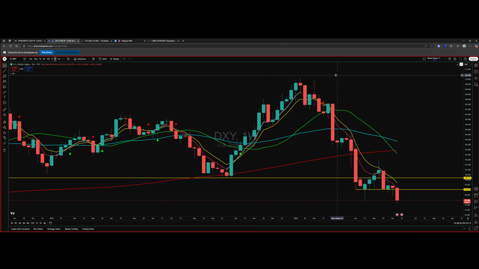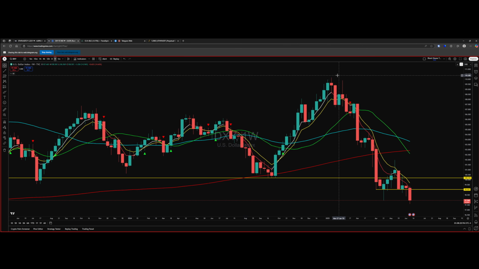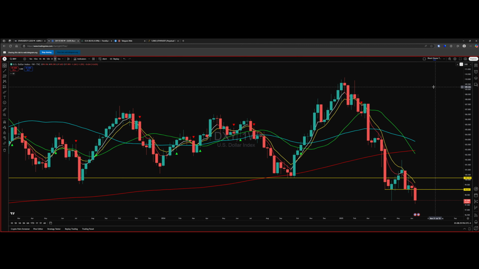Here's what people are going to be talking about next on the DXY chart. Does anybody know what I'm going to say by looking over here? Pretty soon we're going to hear about the death cross. The death cross on the weekly dollar chart, where the 50-day moving average crosses down through the 200.